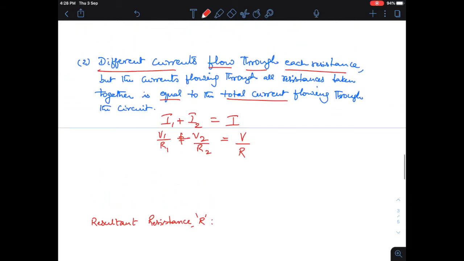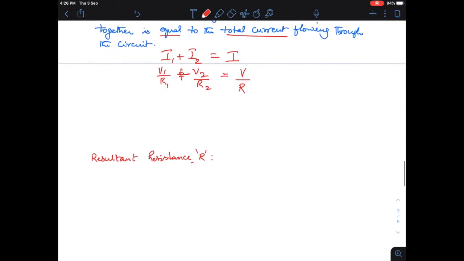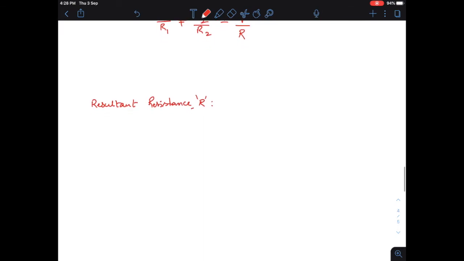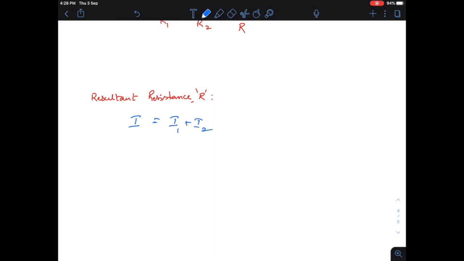But we know, from the resultant resistance, how do we calculate the resultant resistance? I is equal to I1 plus I2 and we have written this as V1 by R1 plus V2 by R2. Let us put this as equation 1.